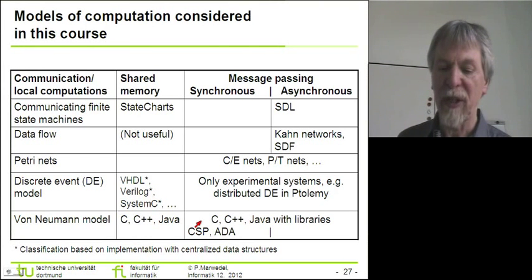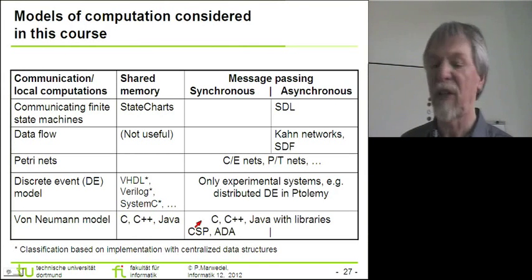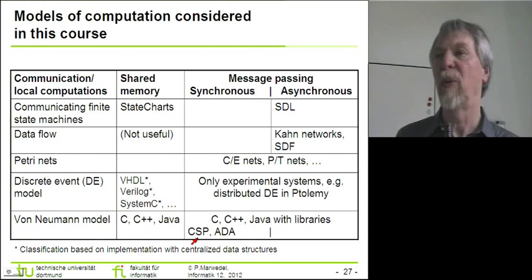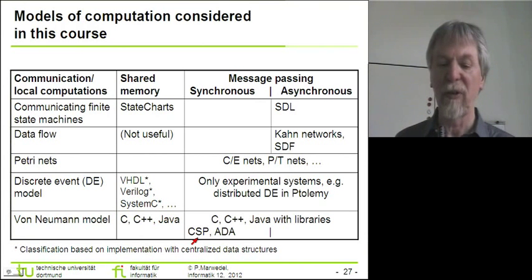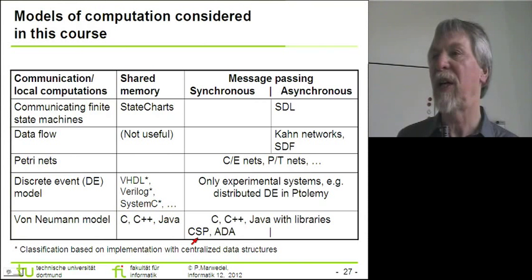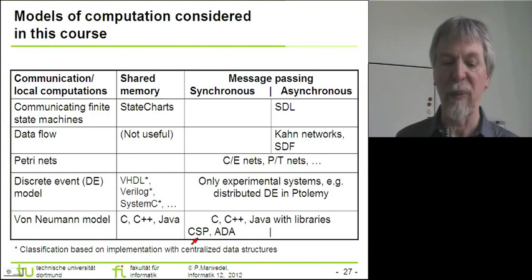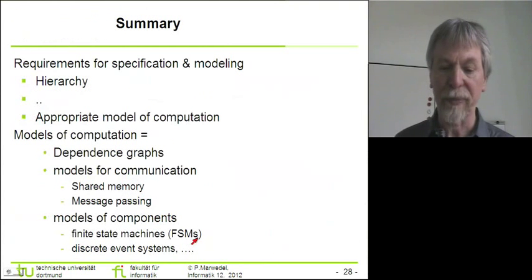For C++, C, we can use libraries for message passing. There are a few languages that have a particular way of message passing built into the language. CSP and Ada are two languages that have synchronous message passing built into the language.